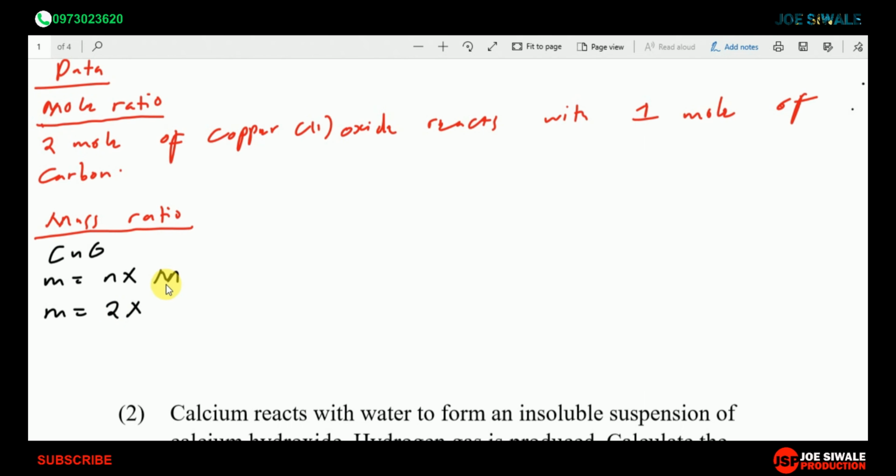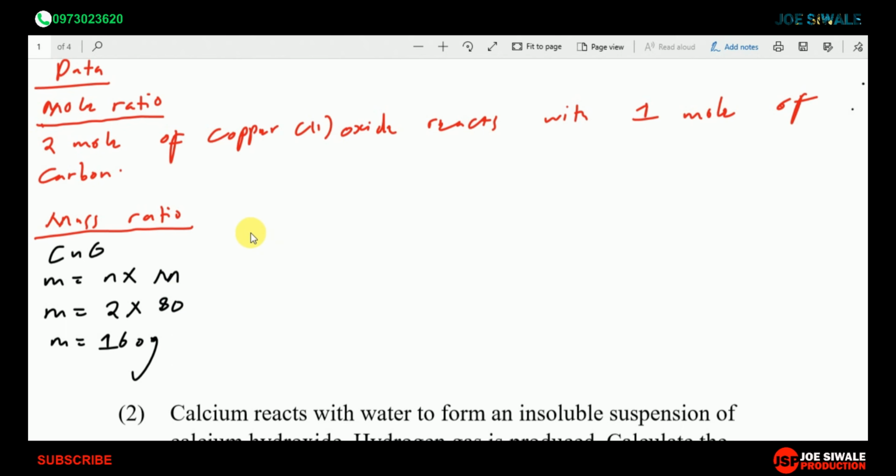If you find the molar mass of copper 2 oxide, you're going to get 80. So mass is equal to 2 multiplied by 80. We're going to have 160 grams.